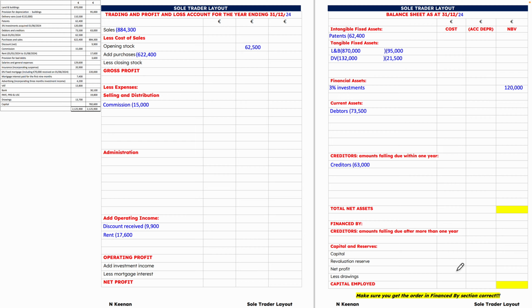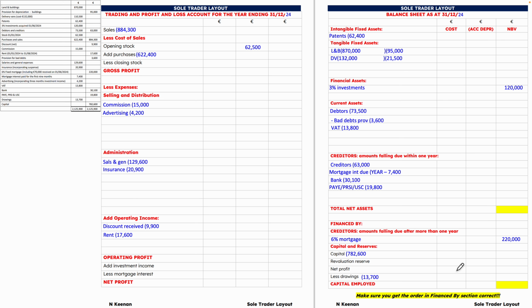And so a lot of the time students forget to bring over some of the figures from the trial balance, or they take them down incorrectly. So my advice would be to just get them into place, right? Everything has a place, as soon as you can. And when you do this, you've got tons of marks banked, and you can just do all of your workings then from this standpoint here.